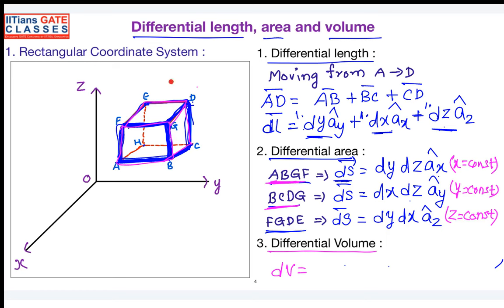So the differential volume can be written as dx, dy, and dz. Is the volume a scalar or a vector? Scalar. Volume is just a number. If you want to find the volume, you just multiply the variation in each of the x, y, and z directions.